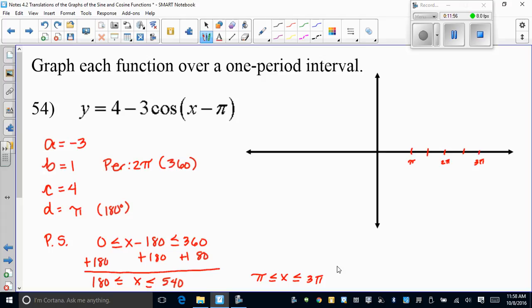Okay, and then I have the A times my pattern plus C. So in this case, it's going to be -3 times the cosine pattern of 1, 0, -1, 0, 1, plus 4. So we got a lot going on in this one.